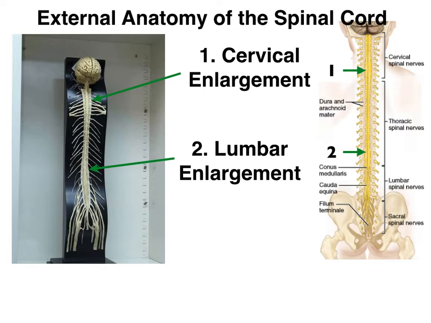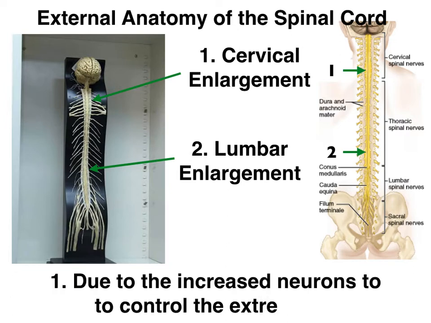Because we need an additional amount of neurons, we have cervical and lumbar enlargement to be able to control our extremities. Specifically, we're talking about controlling our arms and legs, which requires a larger amount of nervous tissue, so there have to be more neurons in the spinal cord in those locations so that we can have more axons going to those tissues in the form of nerves.